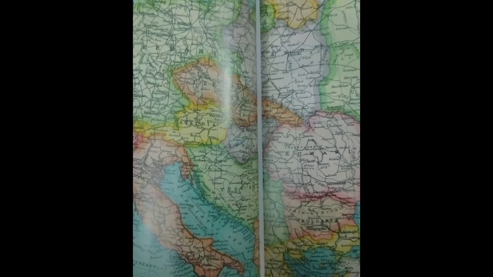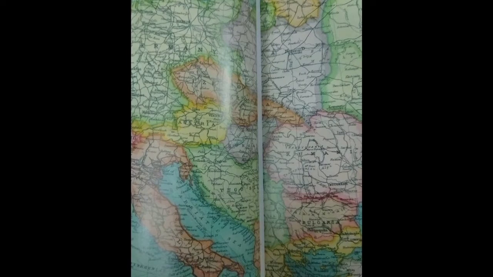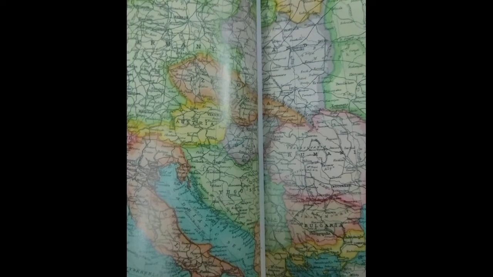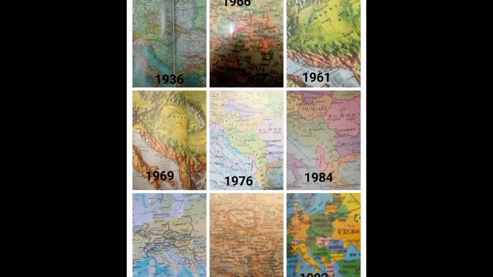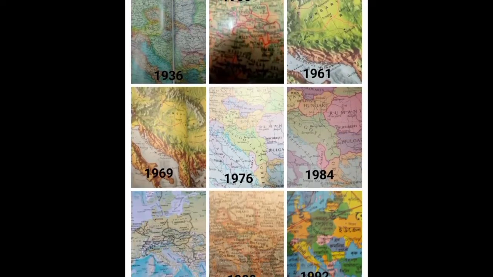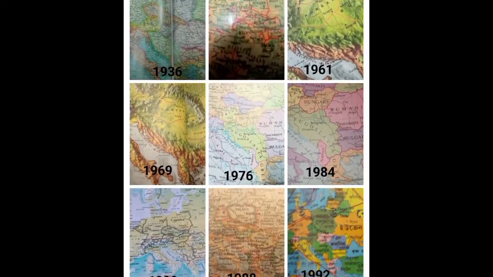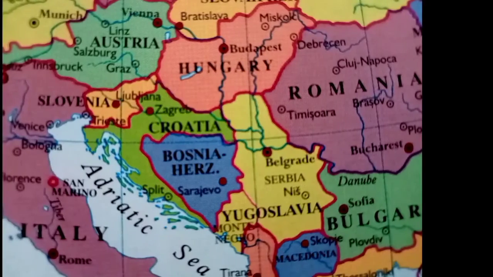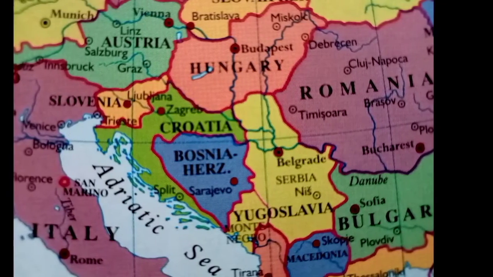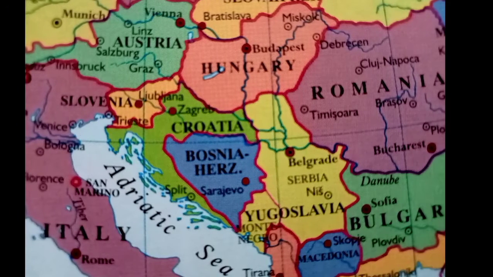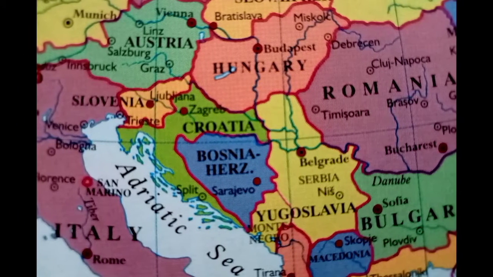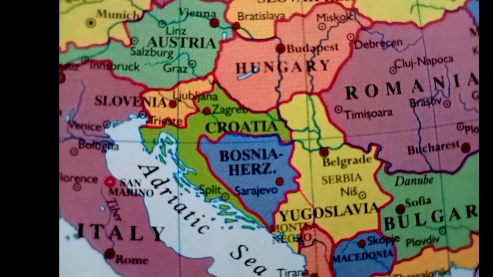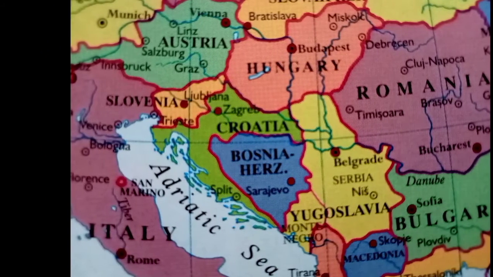After the breakup of the Austro-Hungarian Empire, Yugoslavia was one of its successors. In 1922, 61, 76 and 84, you can see that it covers a huge area in the Balkans of Europe. But in this map from 1995, you will see that some of its areas have declared independence and became sovereign countries.